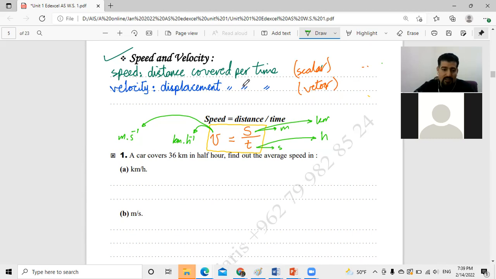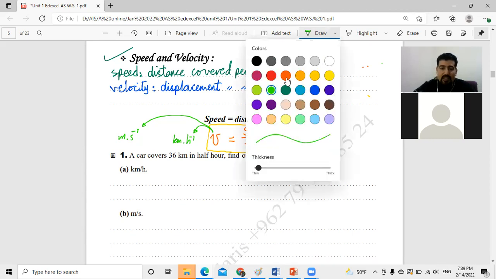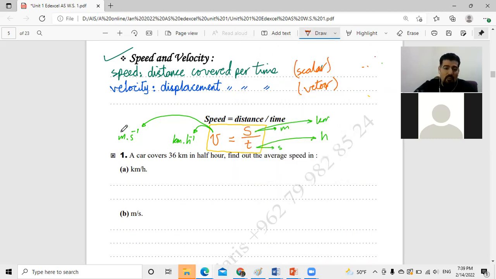Actually, if you have a calculator and you want to convert 1 meter per second into kilometer per hour, it will be 3.6. How come, Ustad? Now look, if I want to convert 1 meter to kilometer, I will divide by how much? Exactly, I will divide by 1,000.